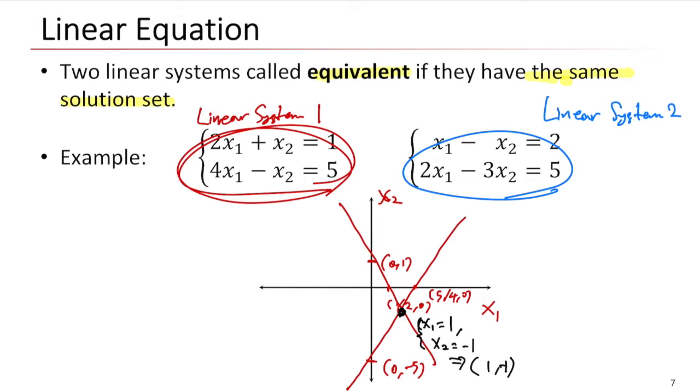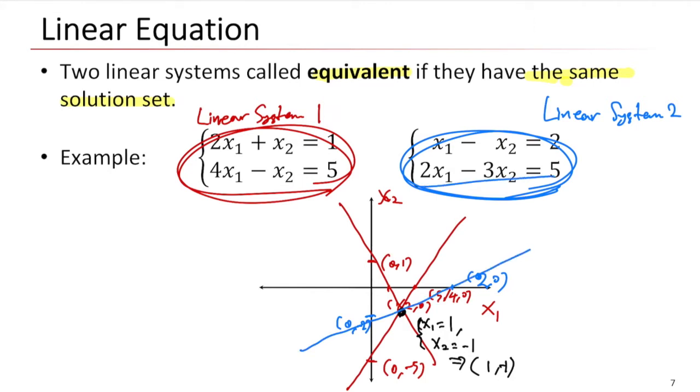There is another linear system, looking like this. We can also draw this linear system: when x1 is equal to 0, x2 should be -2, something like this. And when x2 is equal to 0, x1 should be 2, something like that. So this is the first line.